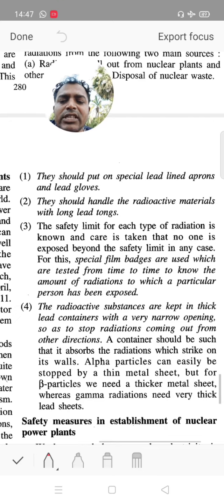Radioactive substances are always kept in a thick lead container. We cannot use iron, because even a 30 centimeter iron plate is penetrated by radioactive radiation, but a thick lead container does not let radiation penetrate.